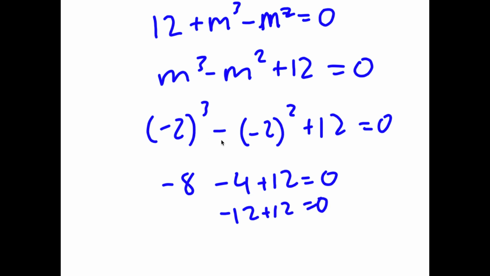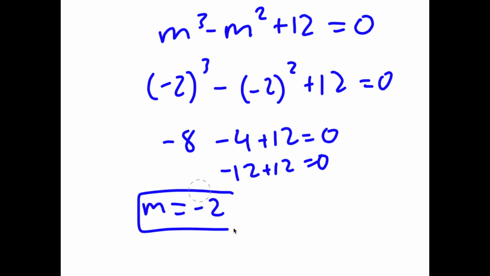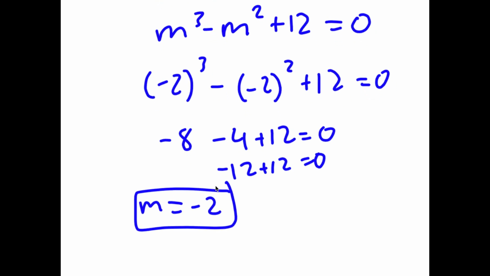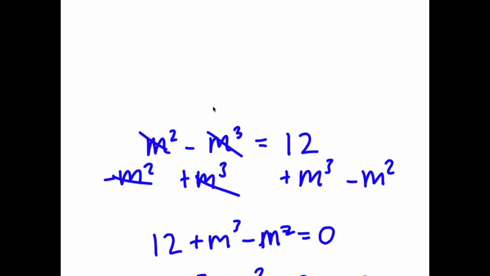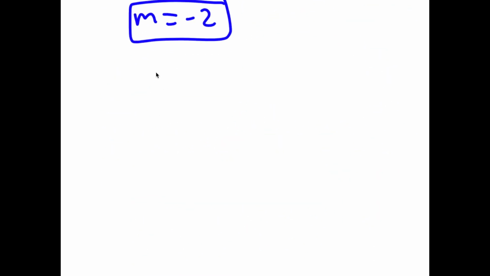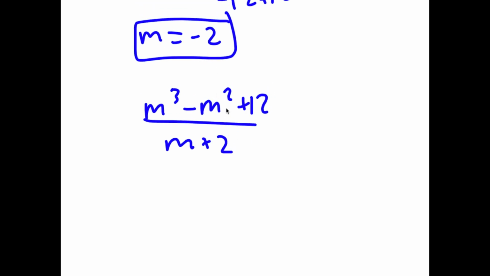So now that I know that negative 2 is a solution, I can use this to find the rest of the solutions, by dividing my equation here, m to the power of 3 minus m squared plus 12 by m plus 2, because m plus 2 is the same thing as saying m equals negative 2 is a solution.